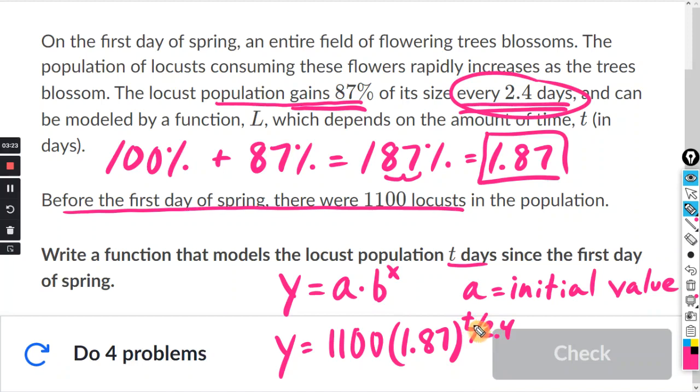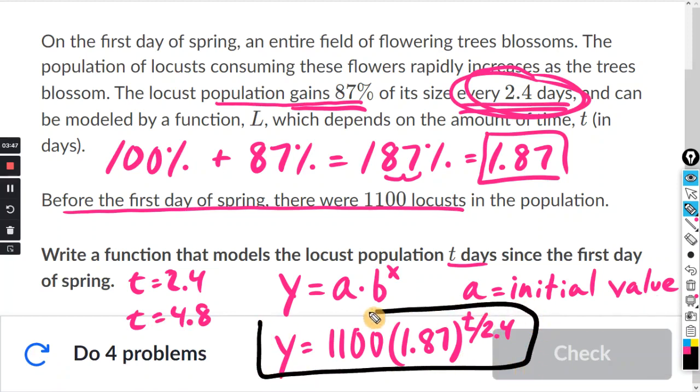So dividing it by 2.4 makes it increment by 2.4 days, right? If you have t equals 2.4, the exponent's going to be 1. And then when you have t equals another 2.4, which would be 4.8, the exponent's going to be 2, and so on. So this right here is your final answer.